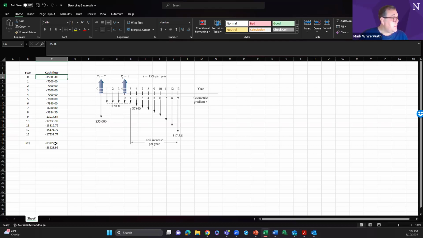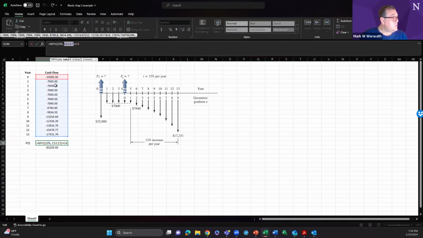So the way to do NPV, you basically say equals NPV, open parens, 15% cost of capital, that's the interest rate, comma, the C5 through C17 cell range, which is year 1 through year 13, okay?